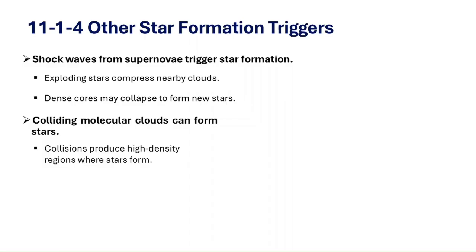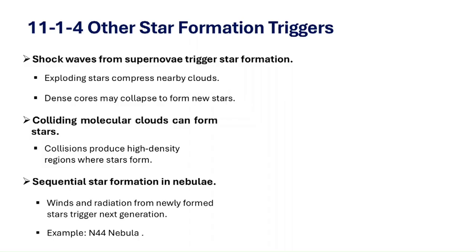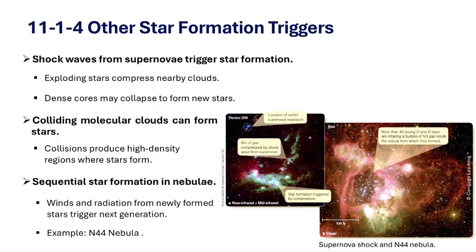And finally, star formation can actually spread from one generation to the next. Now, young stars don't stay quiet. They emit strong winds and radiation. And these push on the surrounding gas, compressing it and triggering the next generation of stars. Now here, look at the N44 nebula.